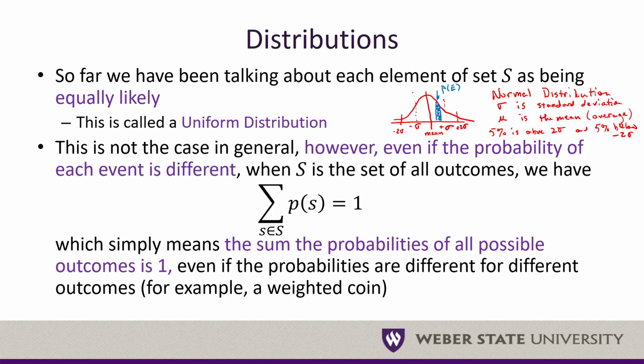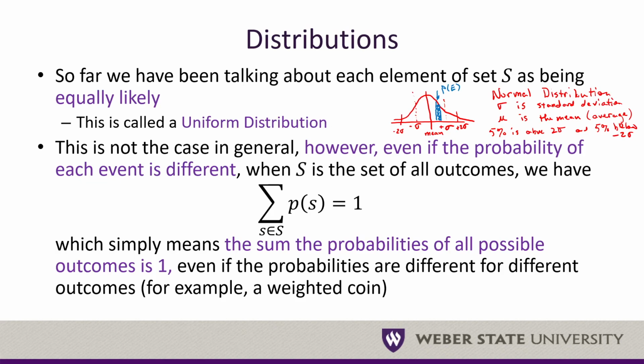But the idea also when it comes to the probability is that if I sum the probability of all the different discrete things inside of here, the probability summation would still be 1. So it doesn't matter what the distribution is.